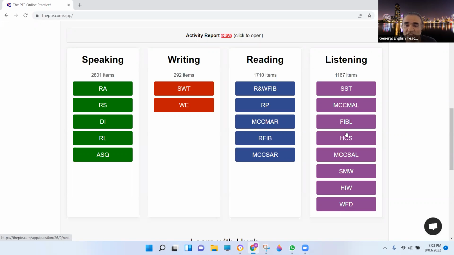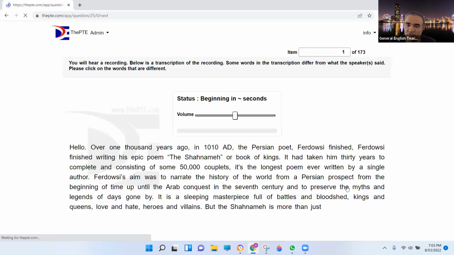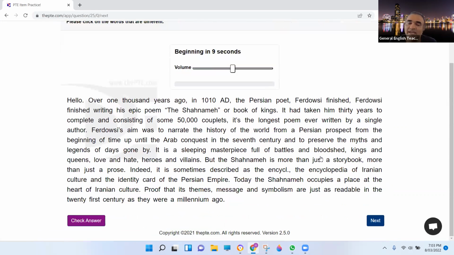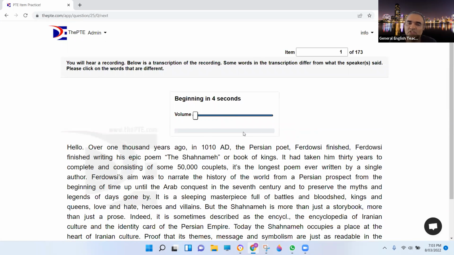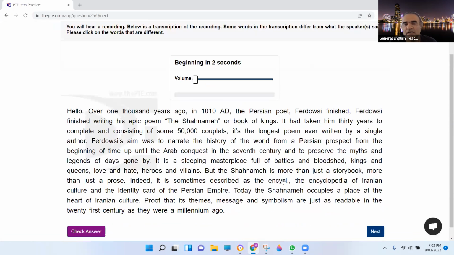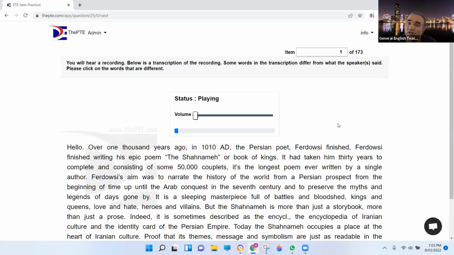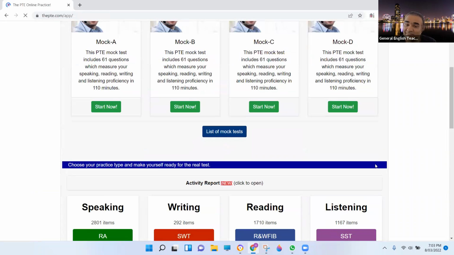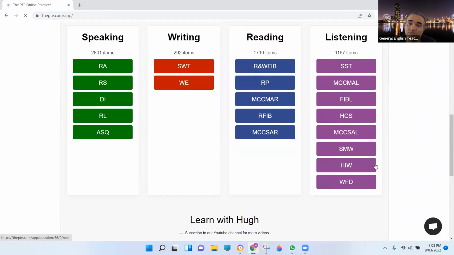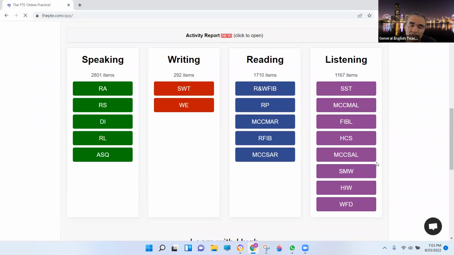And once they come to write from dictation, they have no time. The listening finishes while they are doing highlight incorrect words. Because the test has a countdown clock, it finishes while they're doing their first or second highlight incorrect words. And then the exam finishes without doing their write from dictation. And as we know, write from dictation is the most important part of the listening and the second most important part of all the test items throughout the PTE test.